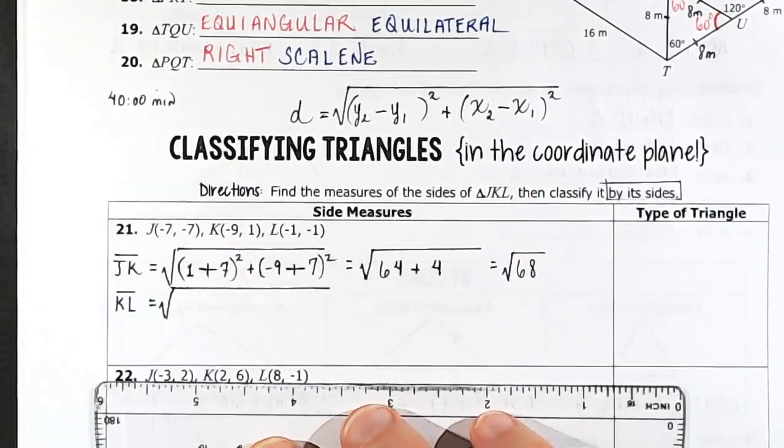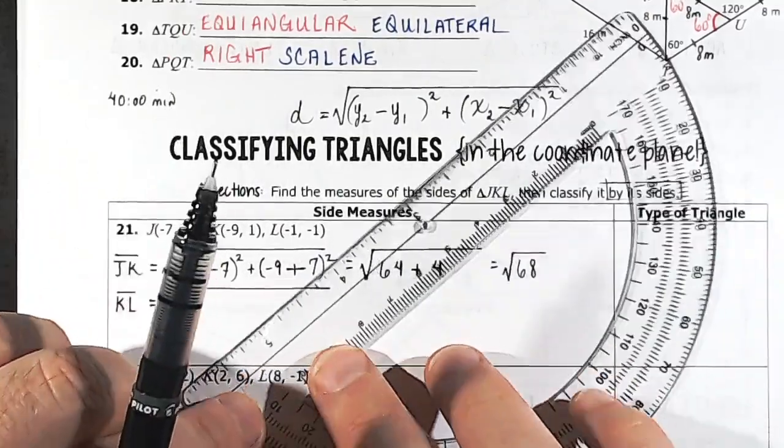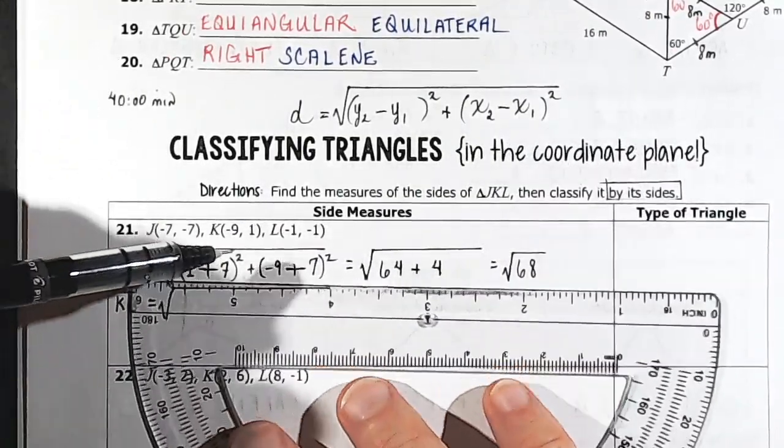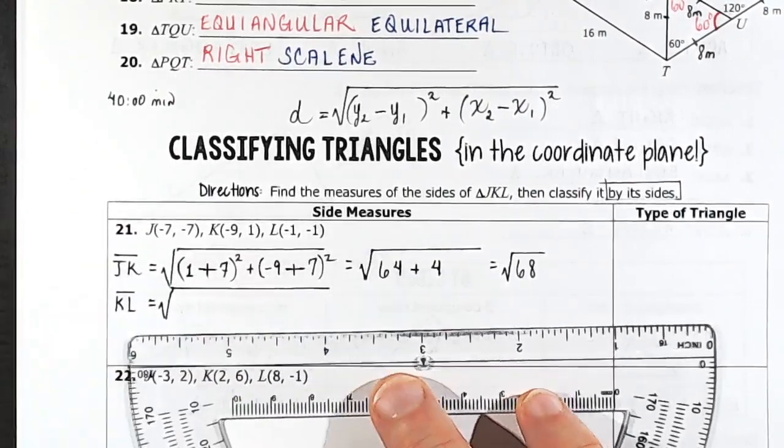Try to keep these the same length. And if you haven't already, please make sure you're using a straight edge to do this, because the human hand is just not good at drawing these big lines.